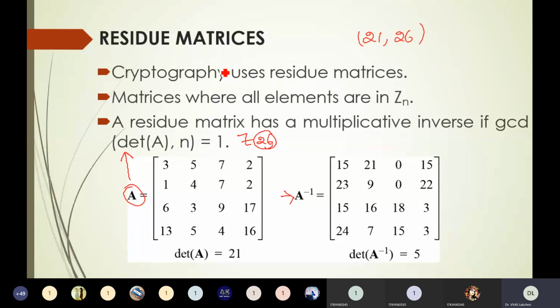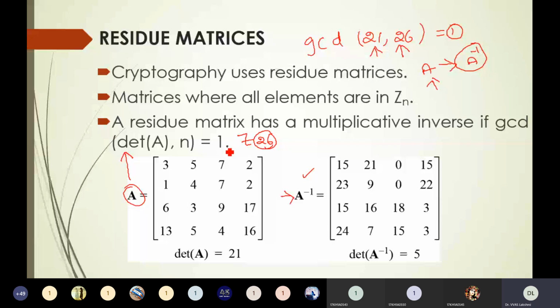Whenever we calculate the GCD of the determinant and n, if we get 1, then only will the matrix A have a multiplicative inverse, that is A inverse. If we do not get 1 as the GCD value, then there is no multiplicative inverse for A, and we don't need to calculate that inverse value.